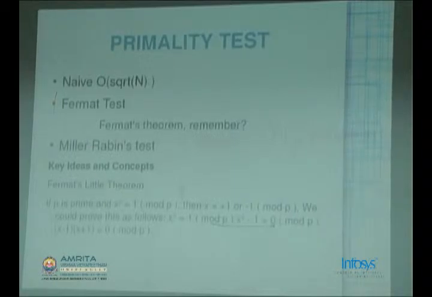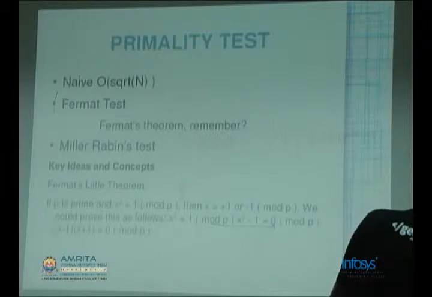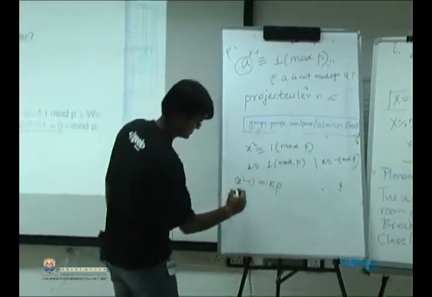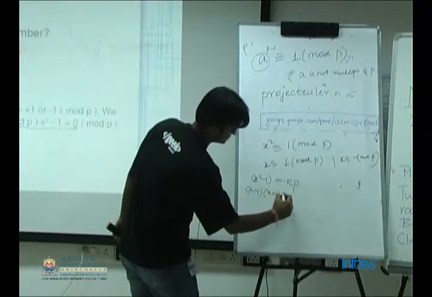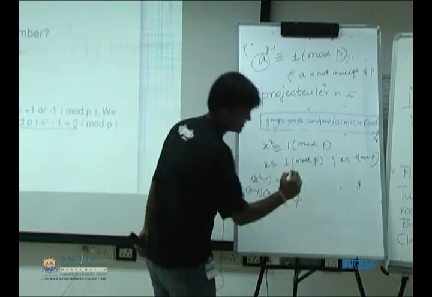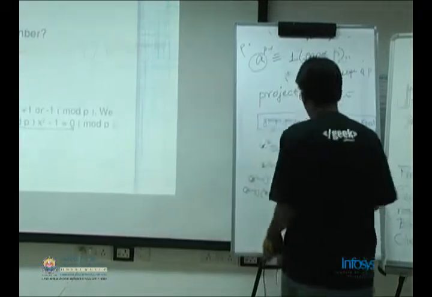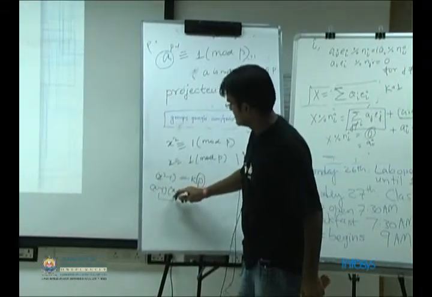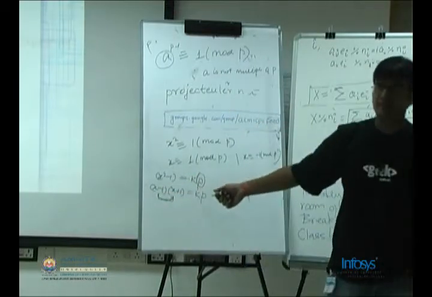Why is this so? This would mean that x square minus 1 is divisible by p, so it is equal to k times p. So x minus 1 into x plus 1 is equal to k times p. As long as p is not equal to 2, these two would have no other GCD.